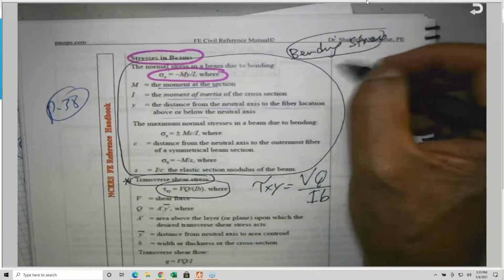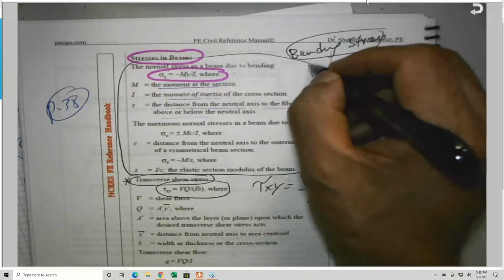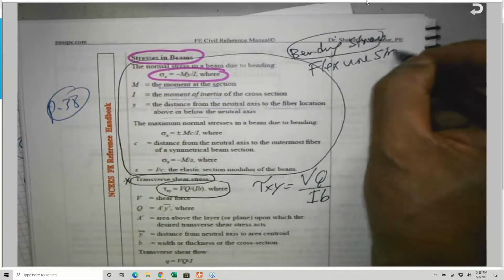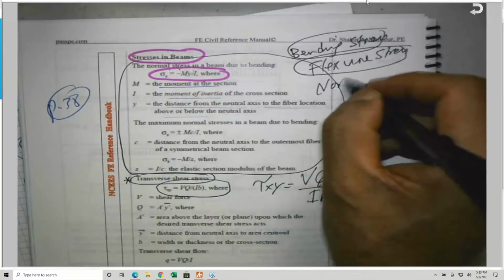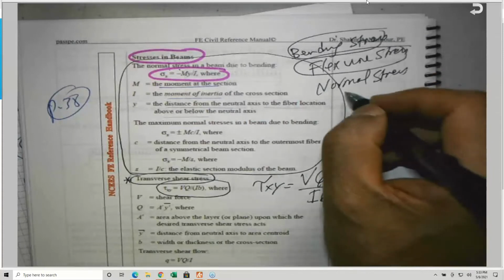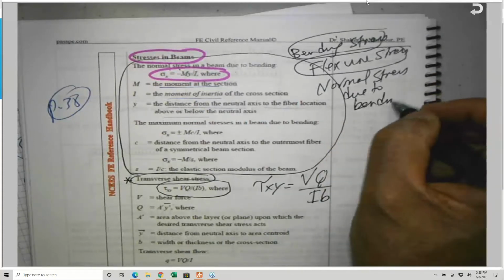We need to be familiar with the variations from one person to another. Bending stress, or the other one is called flexural stress. The other name here is the normal stress due to bending. It's a long name, but we need to be familiar with it.